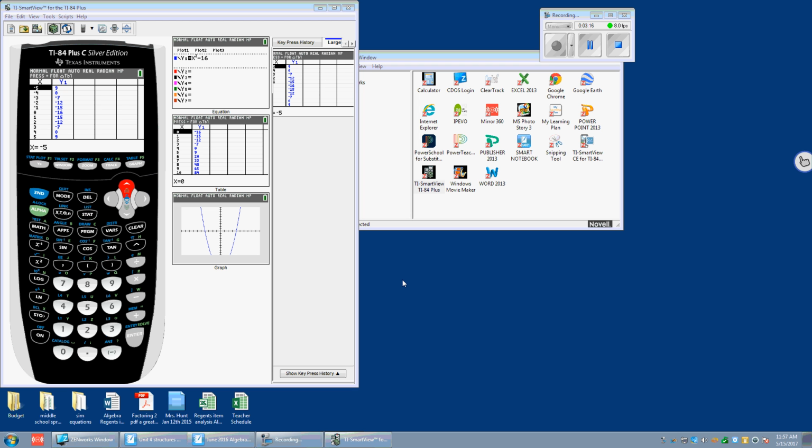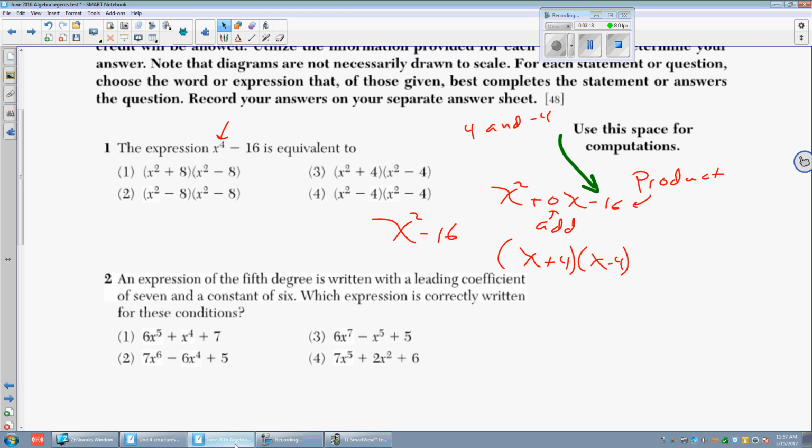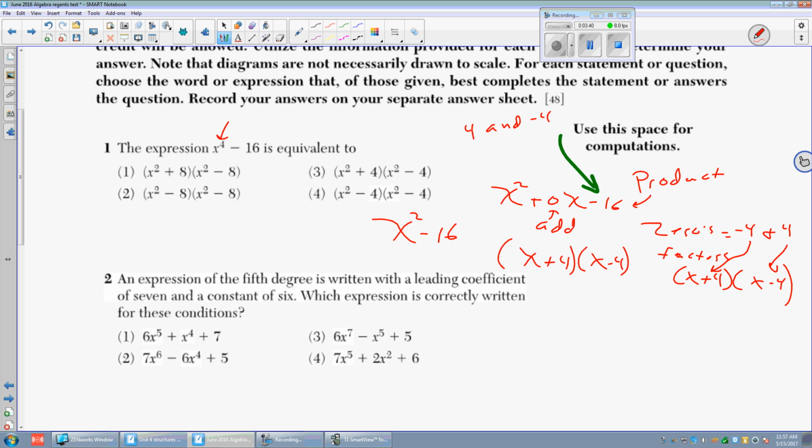Okay, so because the zeros equal negative 4 and 4, the factors are x plus 4 and x minus 4. You take the opposite of the zeros.